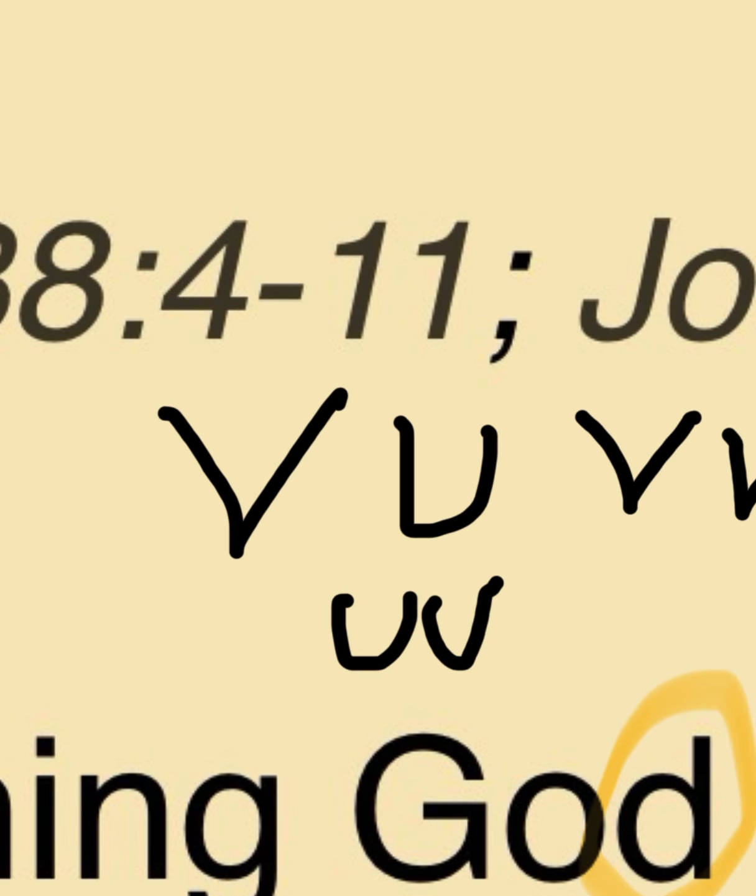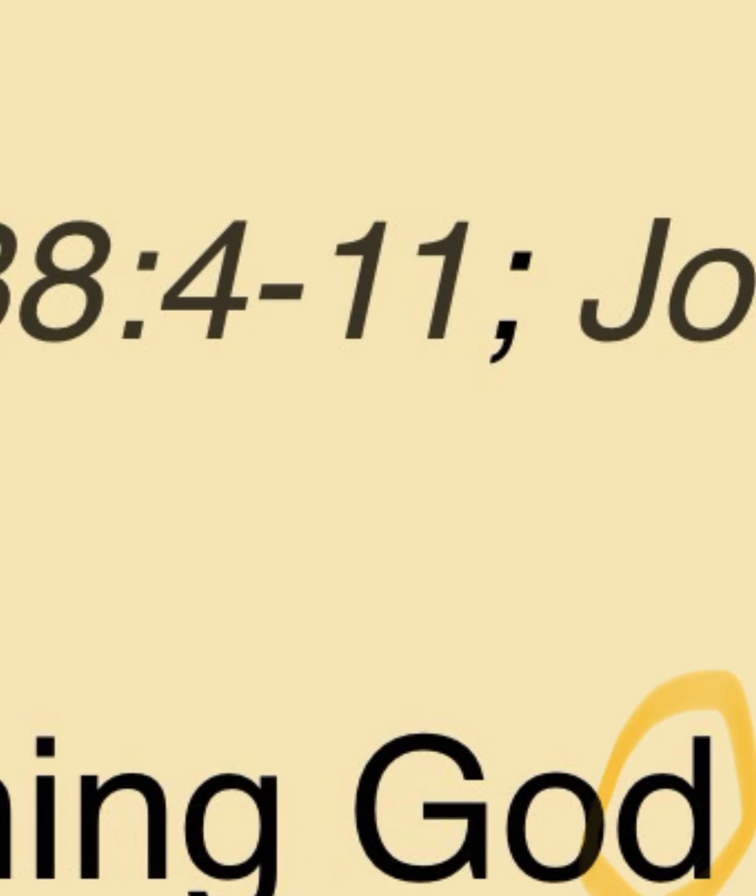I think Y might be a variation of the V as well. Y might have been derived from the V as well. So this is the thing that they all came from.